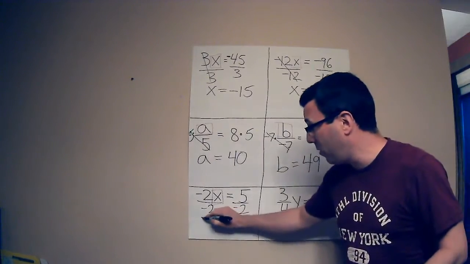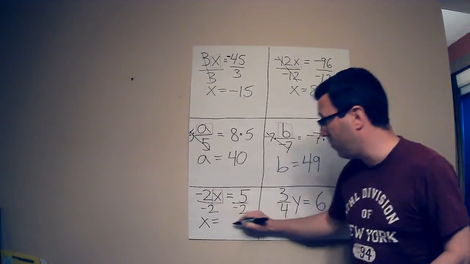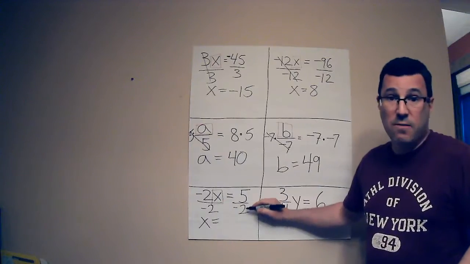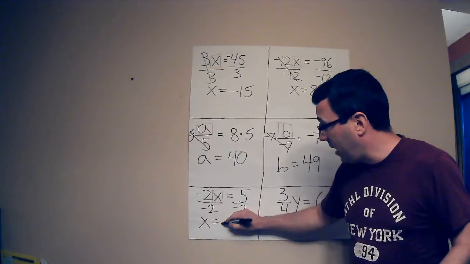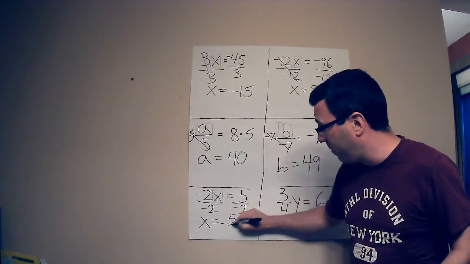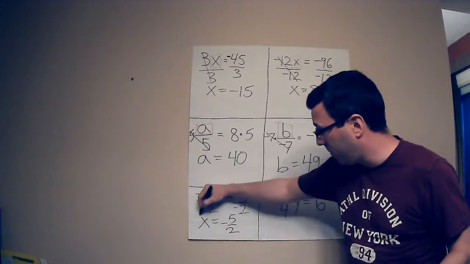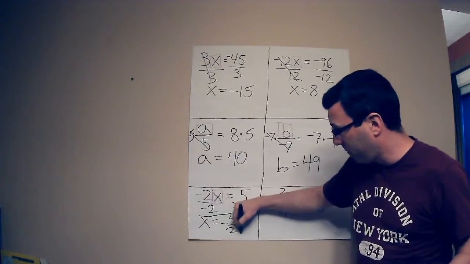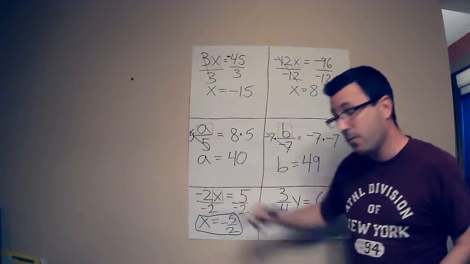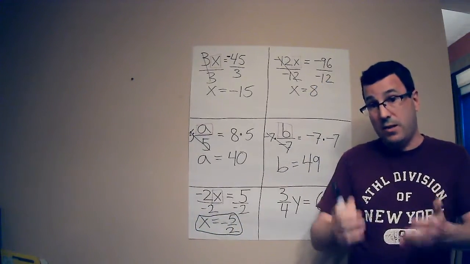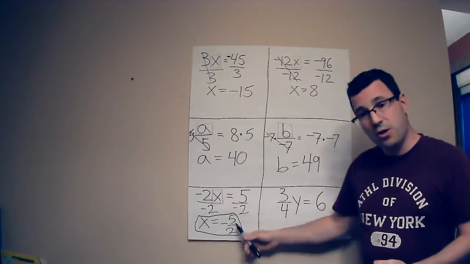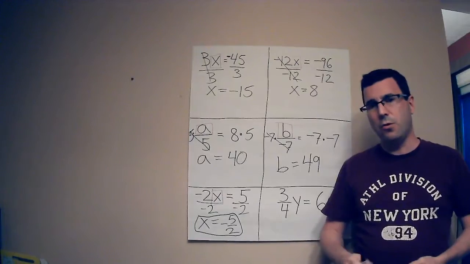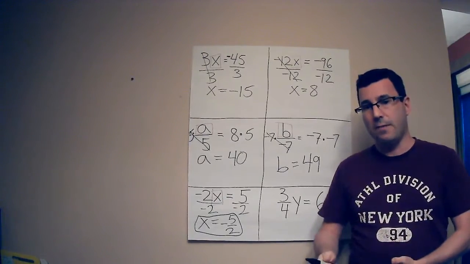So I might just go here and say x equals, since 5 can't be divided nicely by negative 2, I'm going to have negative 5 over 2. If it said put your answer as a decimal, this I could do. Negative 5 over 2 would be negative 2.5.